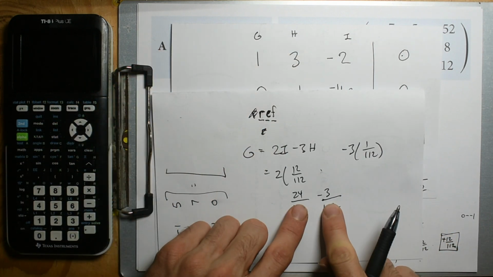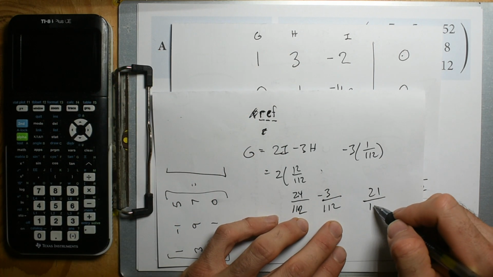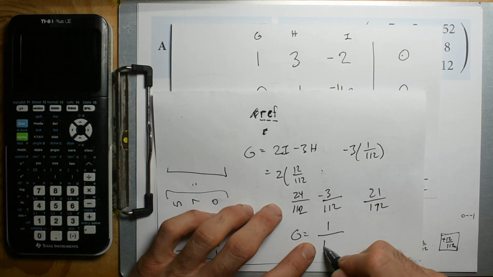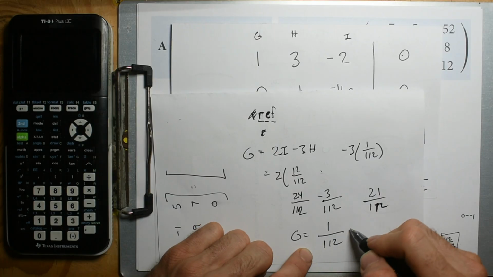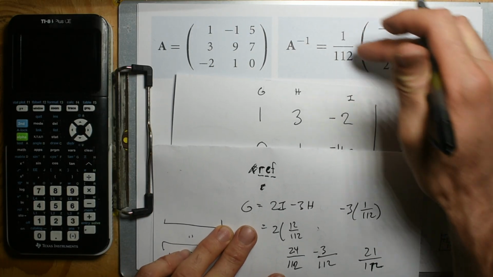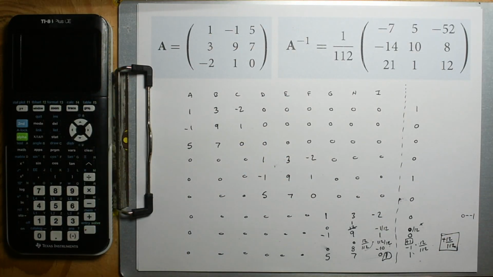Denominators are the same. 24 minus 3 is 21. So our value for G is going to be 1 divided by 112 multiplied by 21. Okay, sweet. So that was the process to get the 3.